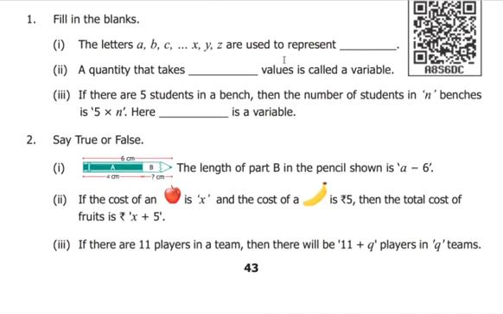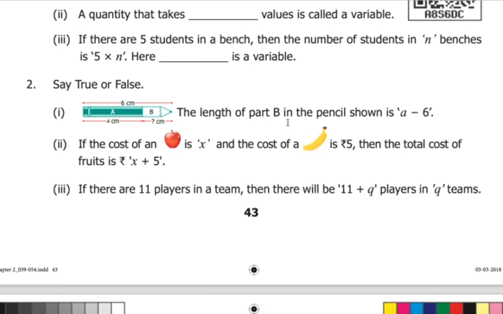Say true or false. The length of part B in the pencil is shown as a minus 6. If the cost of an apple is x and the cost of a banana is 5 rupees, then the total cost of fruits is x plus 5.